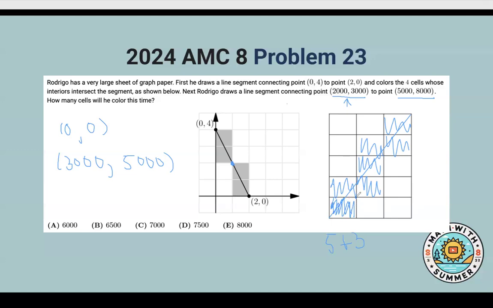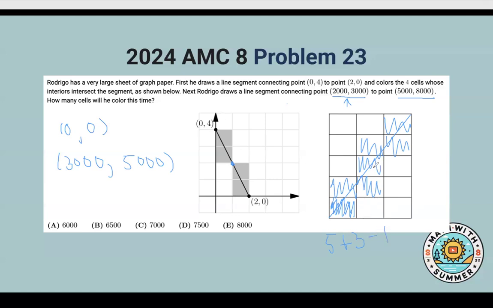I don't know if I'm explaining this very well. But instead, when we go to the side, we can just count this as part of the 5. So we go up, up, up, 5, and we've already counted this square. So we go to the side 1, we go to the side 1. I'm not sure if this is making much sense, but when we do 5 plus 3, we should subtract 1.